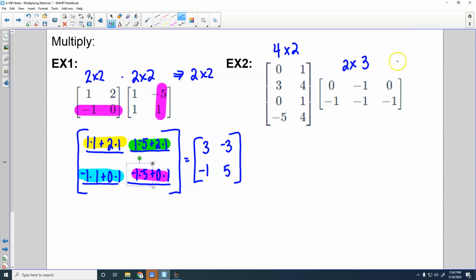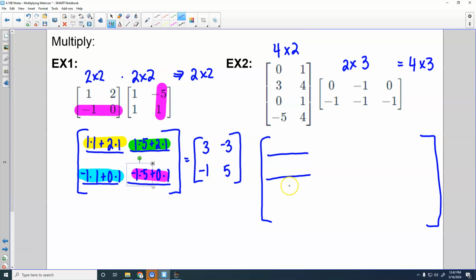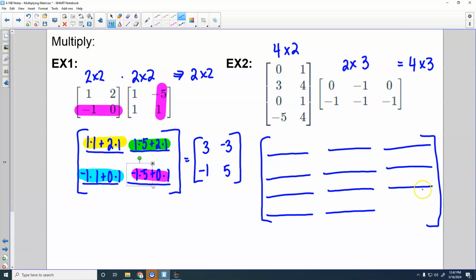What's the order of your product going to be? 4 by 3. So I'm going to make myself a matrix here, and I should have 4 rows and 3 columns.